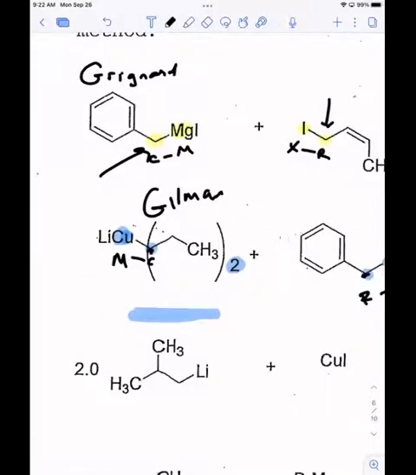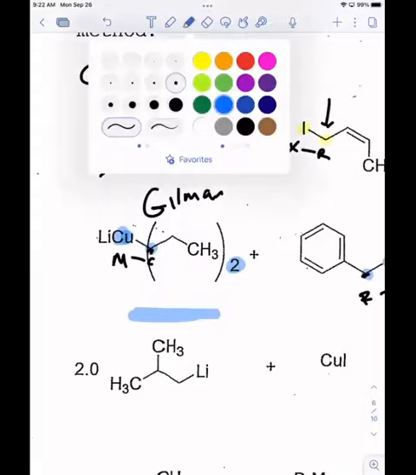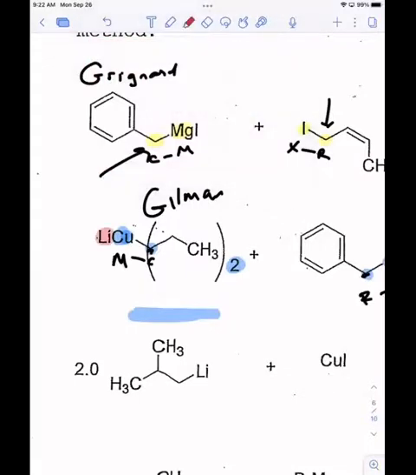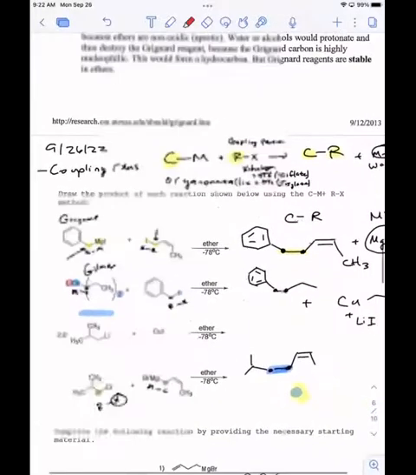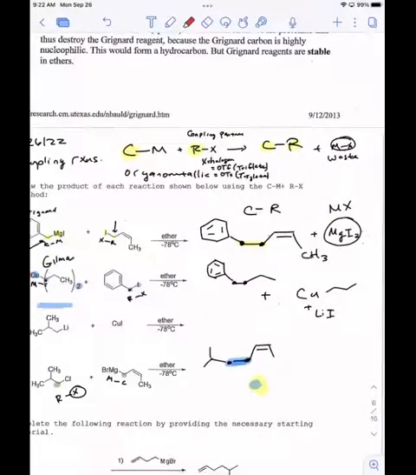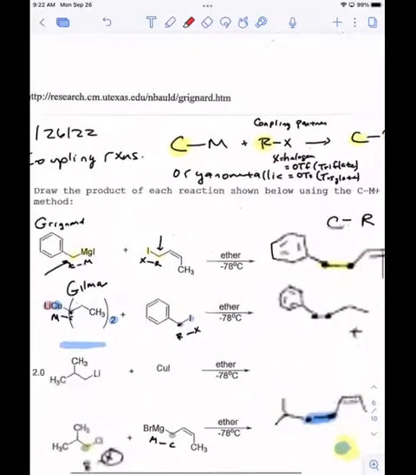Remember that with the Gilman, the copper has a negative charge, and then it has lithium as a counter ion. So whenever that iodine leaves from the alkyl halide, it's going to end up with lithium. That's how I end up with this. And then the copper is just by itself with one group still attached. So you only transfer one of those groups. I'll write that in here.